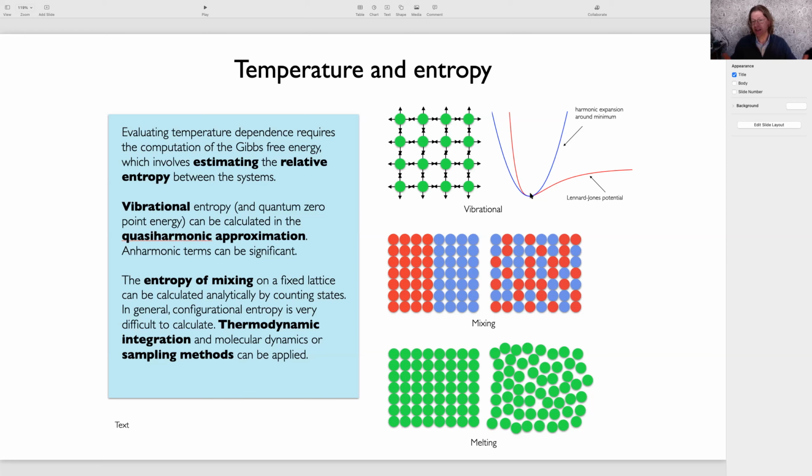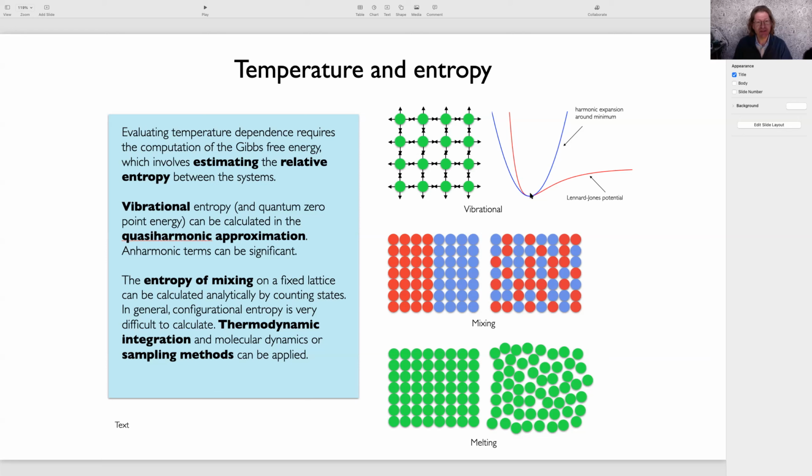So when you heat a lattice up, at some point the atoms start moving around off their sites, and any harmonic or quasi-harmonic approximation is simply going to fail. So in order to handle the case of melting, you have to do thermodynamic integration. Maybe you've been introduced to that in this course already.